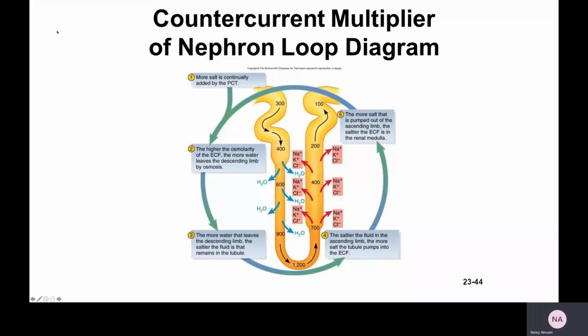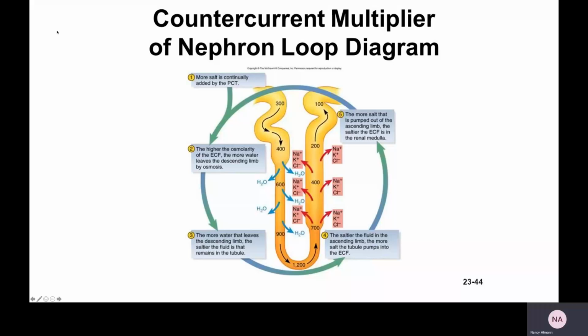The countercurrent multiplier is going to be associated with the nephron loop. And the purpose of the countercurrent multiplier is that we balance the concentration of ions, particularly sodium, and the level of water within the kidneys and within the circulatory system. So that's the overall goal of the countercurrent multiplier.